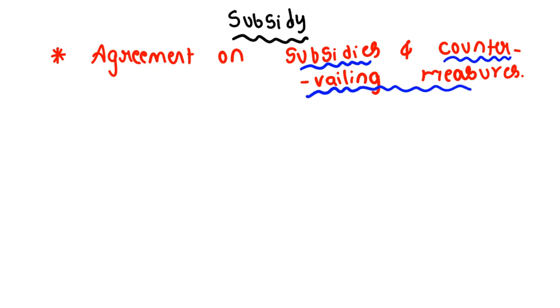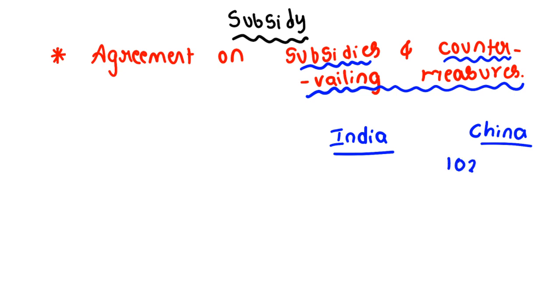What is the meaning of countervailing? To get a benefit, one country might give benefits to one of its products so that the product can compete in other markets. For example, this is India, this is the Indian market, and this is China. China is exporting one product that costs 10 rupees.